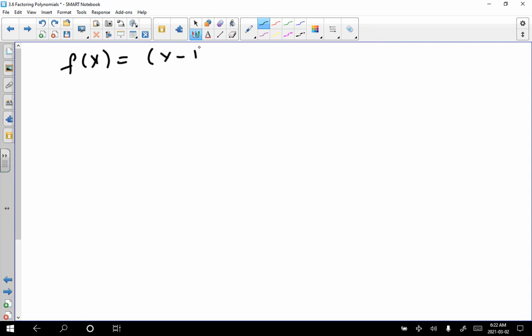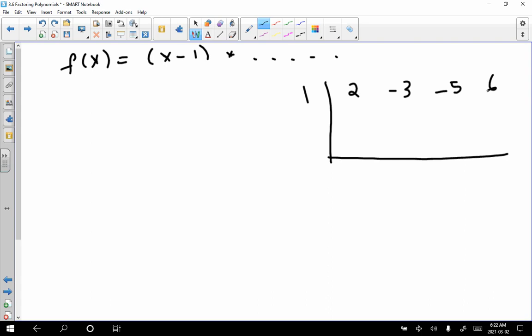x minus 1 times something else. To find that, we're going to do synthetic division. So we're going to put 1 here, and then the coefficients of f of x. So that's 2, -3, -5, and 6. Bring the 2 down here. 1 times 2 is 2. -3 plus 2 is -1. 1 times -1 is -1.